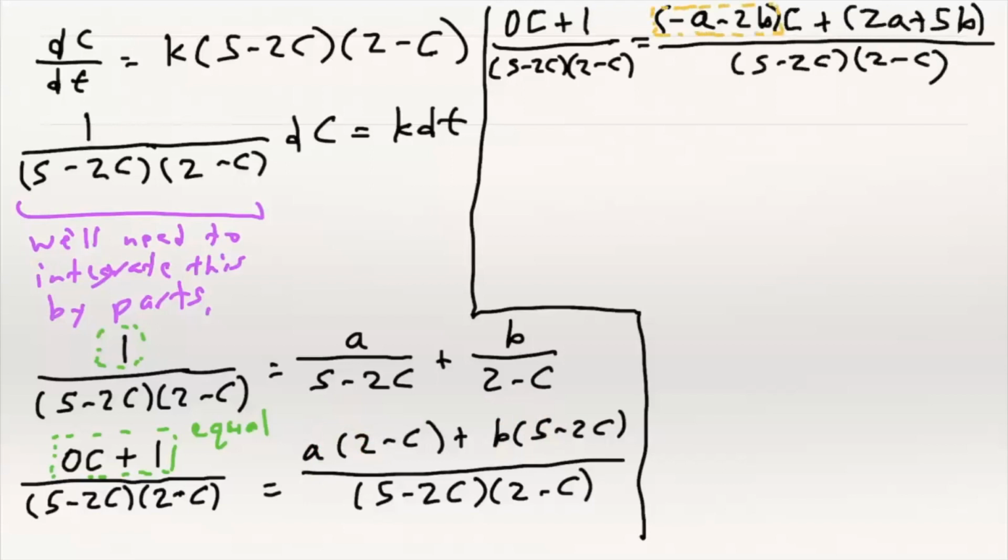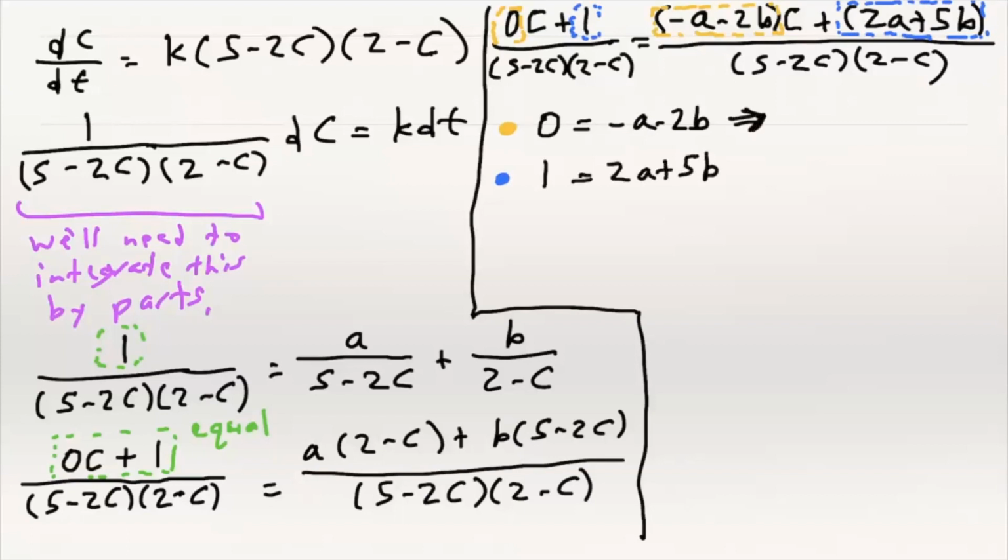So if these two are equal for all c, then the coefficients must be equal. So we must have 0 is negative a minus 2b. And we must have that the constant part there is the constant part here. So we must have 1 is 2a plus 5b. Solving. We could do this by elimination, but in this case, it looks easy enough to solve by substitution because a is 2b from that equation.